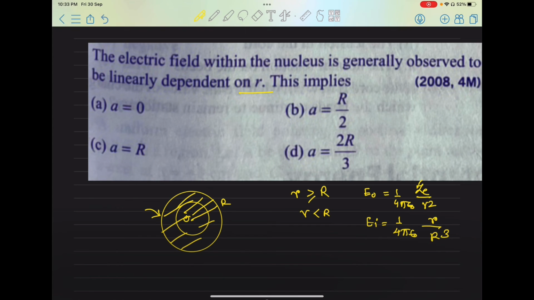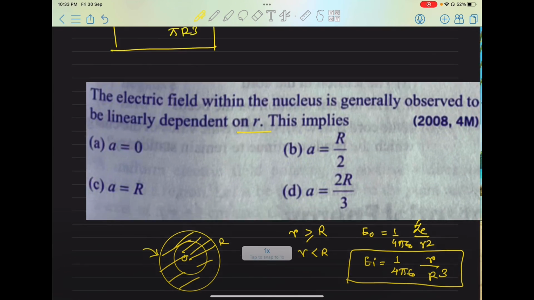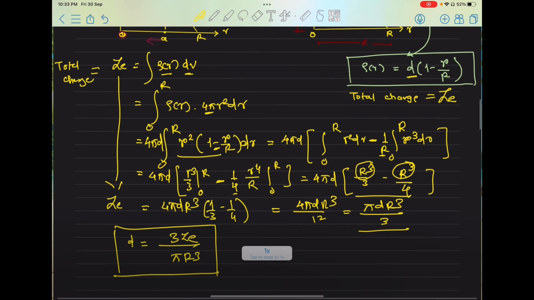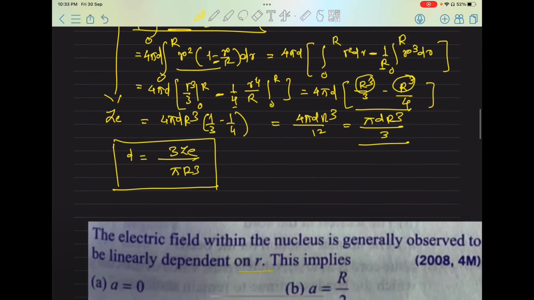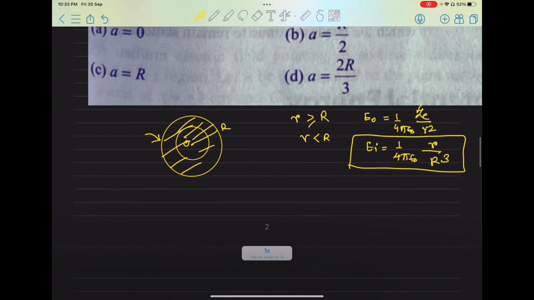Of course, we can easily derive this formula using the kind of concept we used over here also. We just have to put rho of r as constant. So we will get this formula for the electric field inside the sphere, and of course we will also have to use Gauss's law. But in general, it is beneficial to remember this formula.